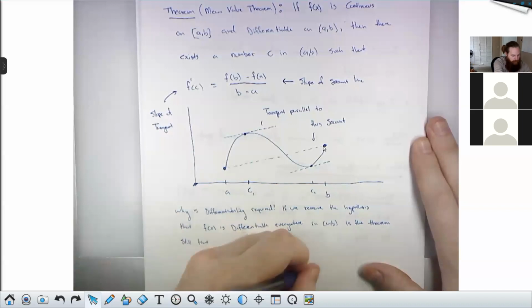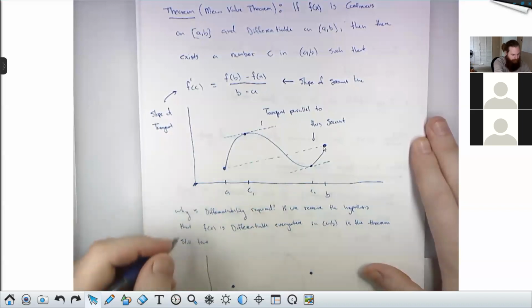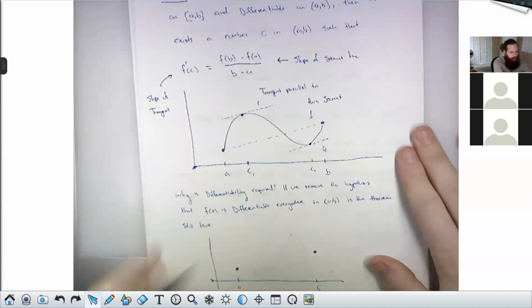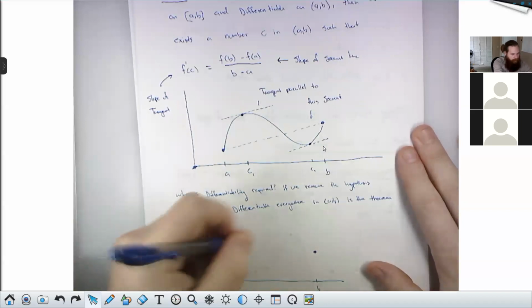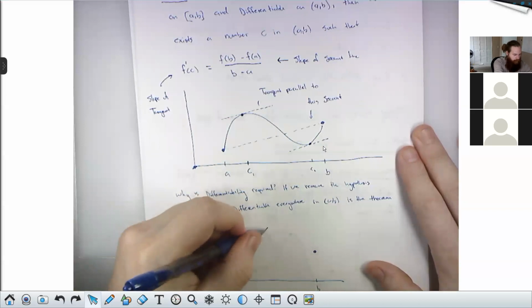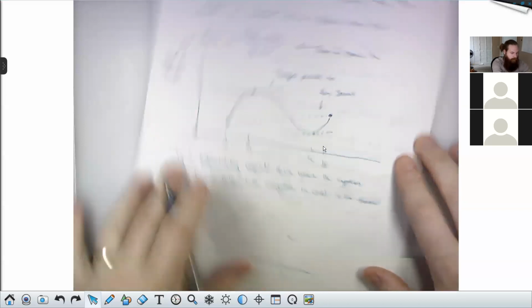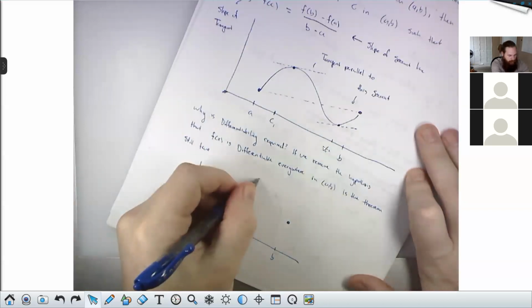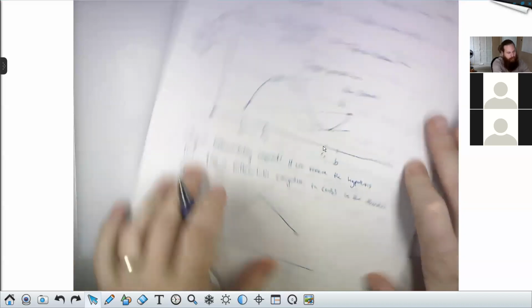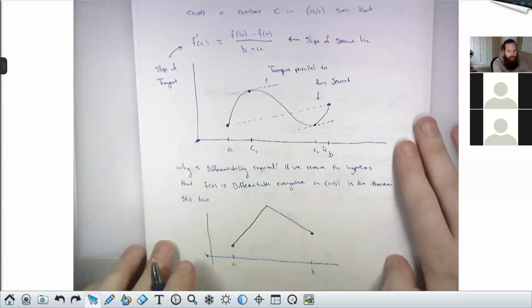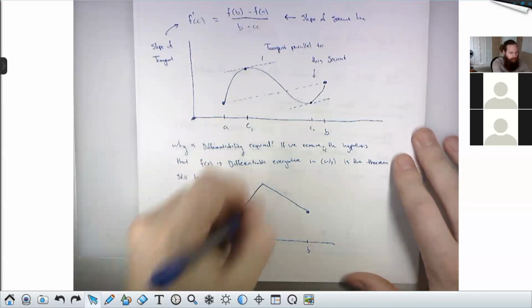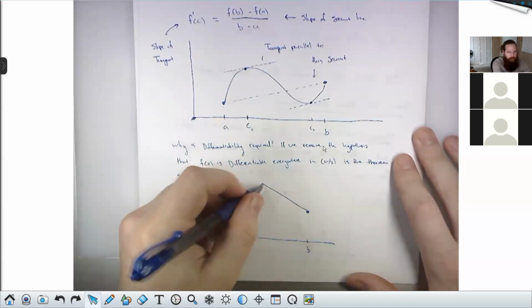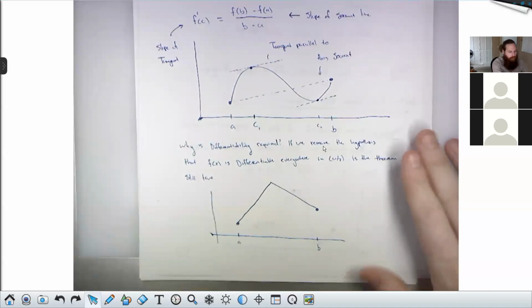So I'll draw the picture very similarly here. If I did something like this, this guy is not differentiable. He is differentiable everywhere over here and everywhere over here, but he's not differentiable here. Here's the secant line.